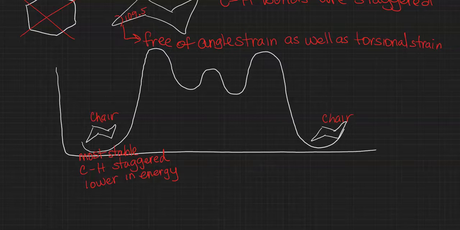Other conformations of cyclohexane include the twist boat, the boat, and the half chair.